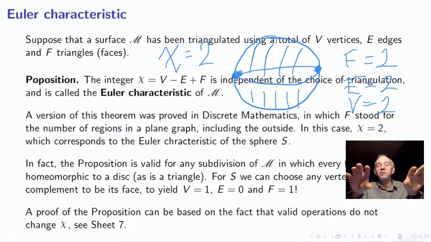They would correspond to two different subdivisions of the same topological surface. And you can check that they're equal, that all these operations I described do not change the Euler characteristic. Some of them don't change V, E, and F individually, but others may change V and E by 1 unit, and they cancel out. So that's on exercise sheet 7.